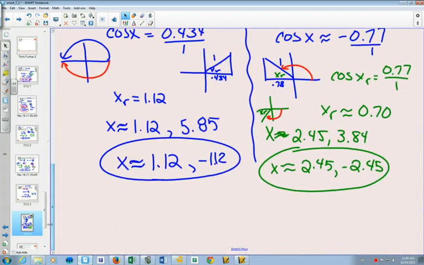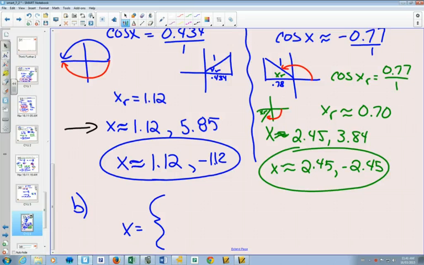And then it said, determine the general solution. Well, for the general solution, for part B, we take all of our answers from 0 to 2 pi. And that was why from 0 to 2 pi was here and here. We write them all out: 1.12, 2.45.